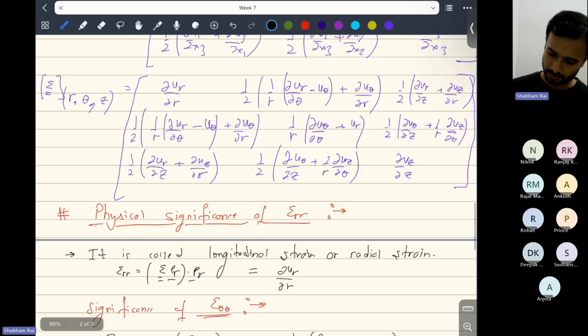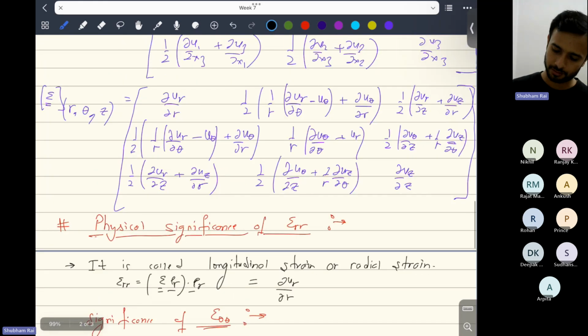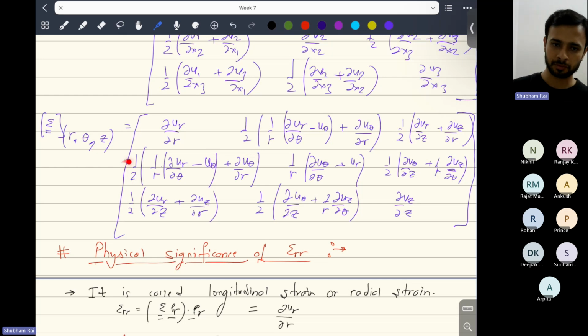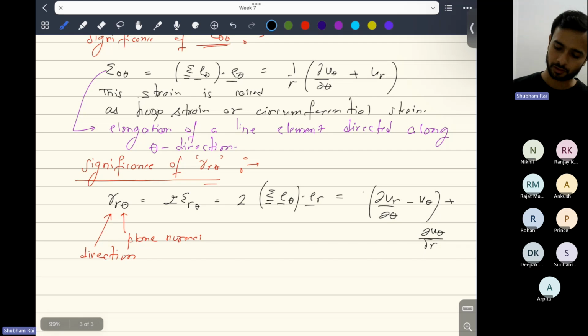We want to write gamma r theta, right? So this 2 will disappear because we are multiplying with 2. So we will have 1 over r del u r by del theta minus u theta by r plus del u theta by del r. This will be the final expression.